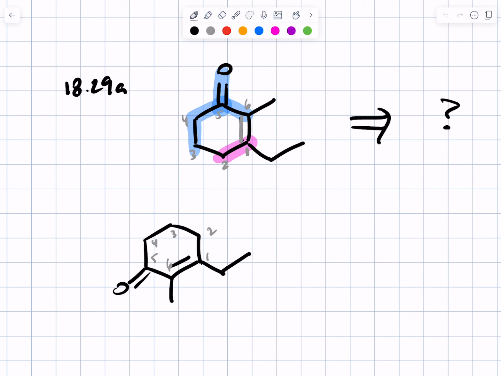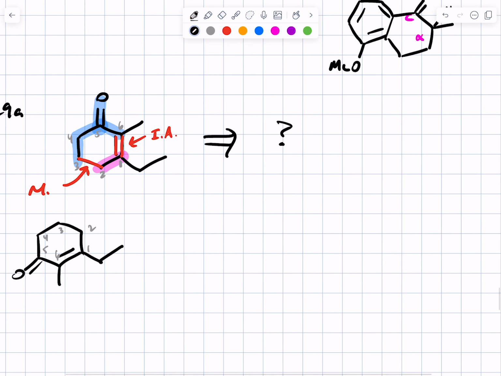That means these two bonds in red were made in the intramolecular aldol reaction. That means this bond in red was made via the Michael reaction. So your starting materials should have been this and this. Got it?